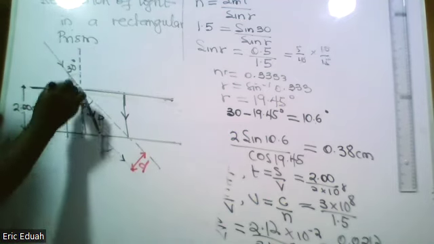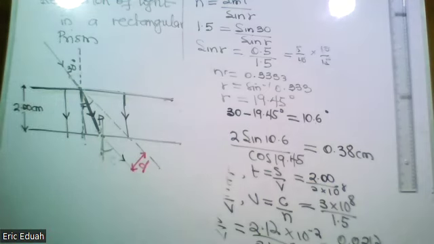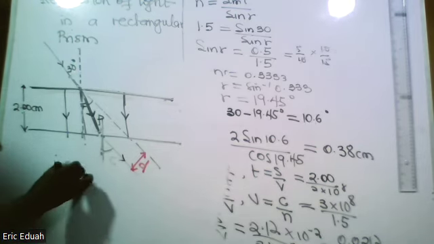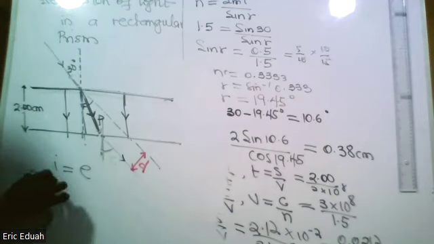So when the light is emerging out of the prism, the angle of emergence E equals the angle of incidence I. So we'll have I being equal to E. Why? Because this is refraction of light.